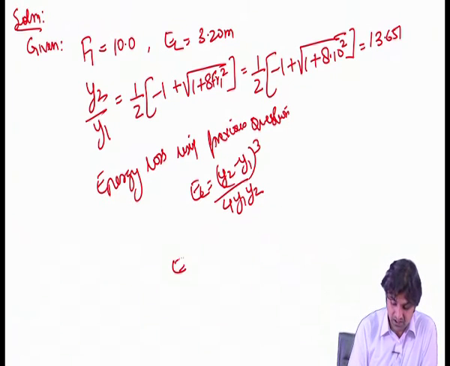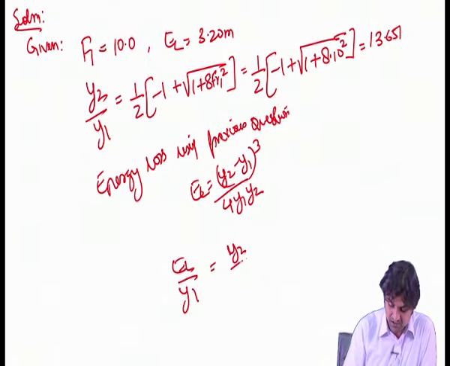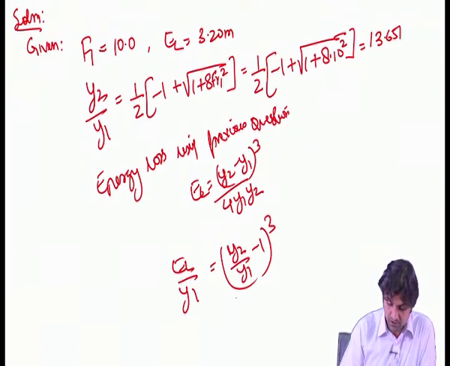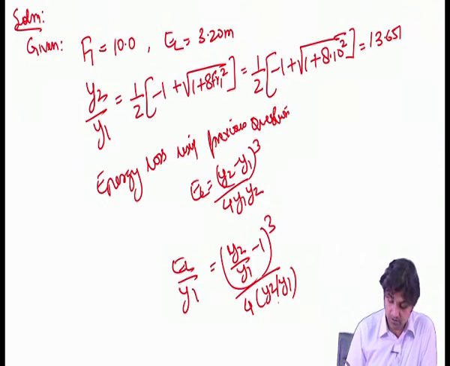So, if we say EL by y1 is (y2 by y1 minus 1) whole cube divided by 4 y2 by y1. Okay.